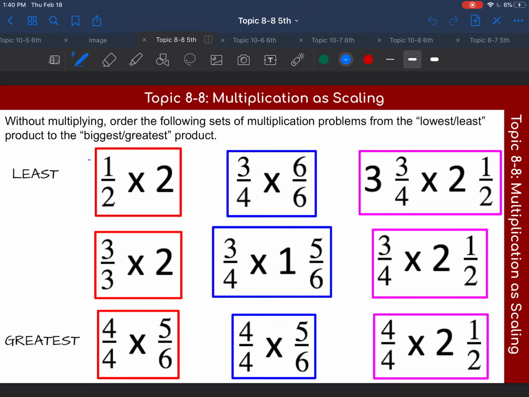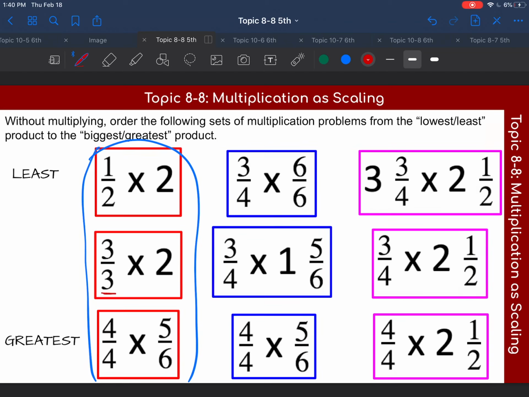Let's look first at these three that are in red. We have 1/2 times 2, 3/3 times 2, and 4/4 times 5/6. One way we can decide is to look at what some of these fractions represent.